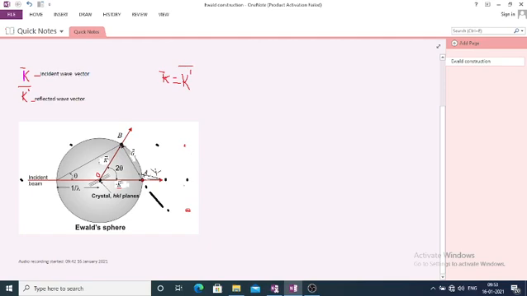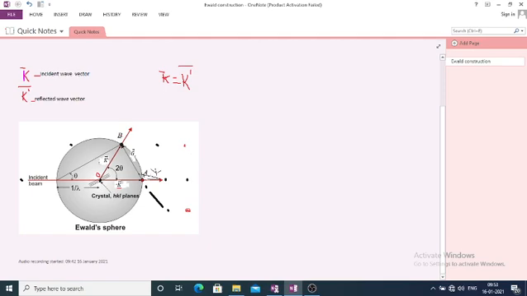Then the tip of the reflected wave vector K dash lies on the surface of the sphere, because the magnitude is the same as that of the incident X-ray wave. So the tip, meaning the end point of the reflected wave vector, is also on the surface of the sphere.